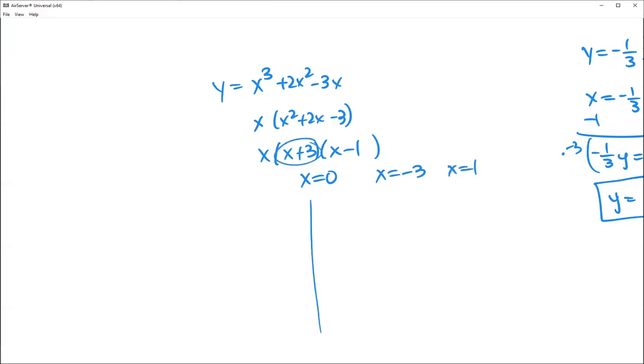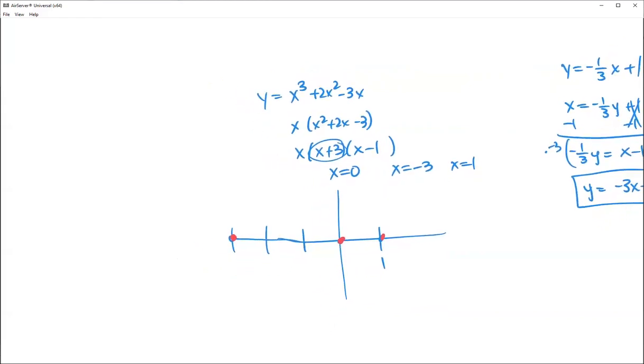We graph. Here's 0. Here is 1. Here is negative 3. What we have to do is find points in between these zeros so we can see what the graph's doing. But remember, this is an odd function, so it's going up on the right and going down on the left.